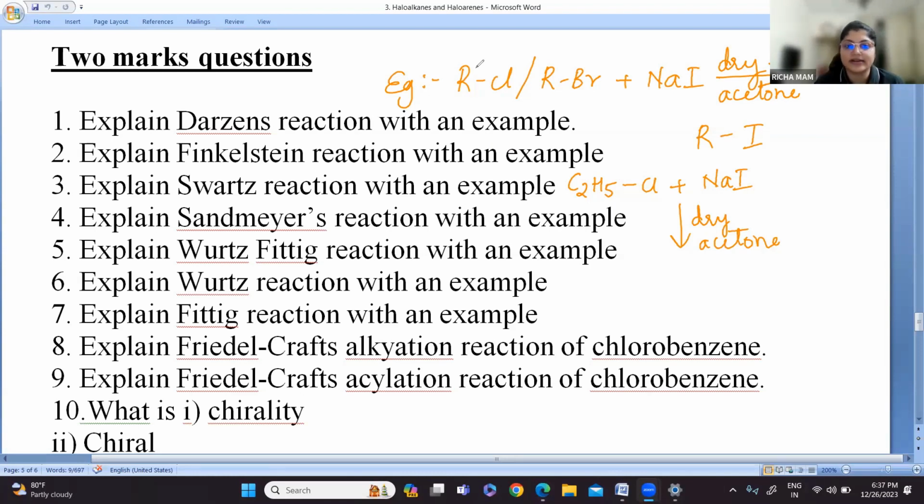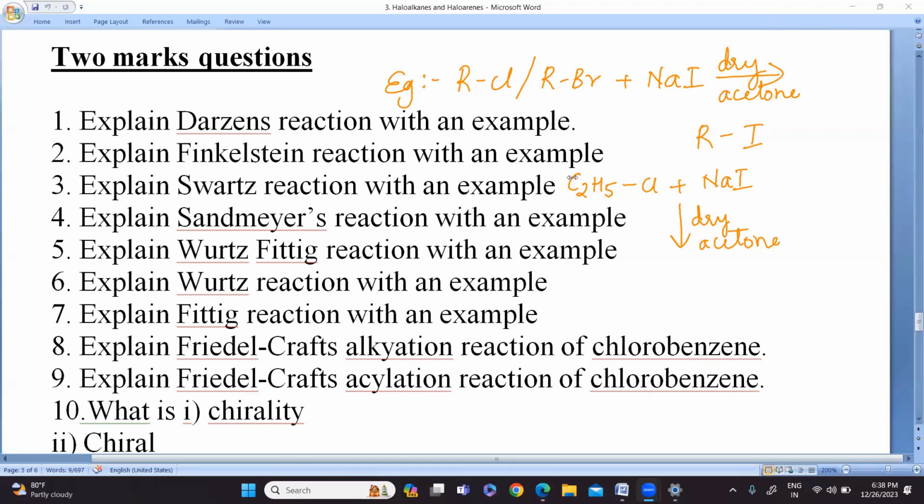Yes, Prithviraj, it is correct. Your alkyl halide will be your chloride or bromide, RX. Your RX can be RCl or RBr, because X can be iodide also. But from Finkelstein reaction, we are preparing only iodoalkane. So your X cannot be iodo.